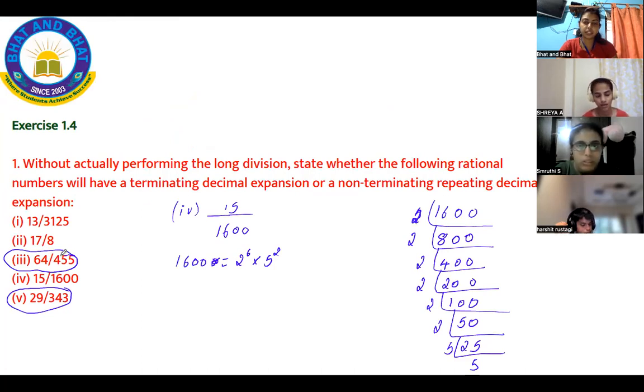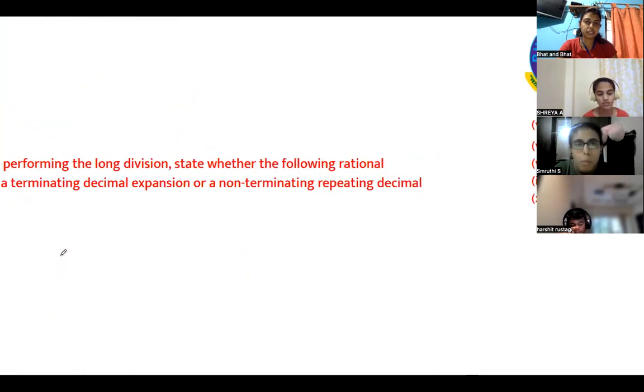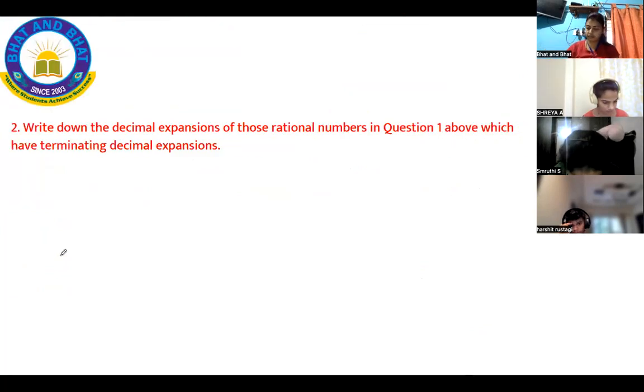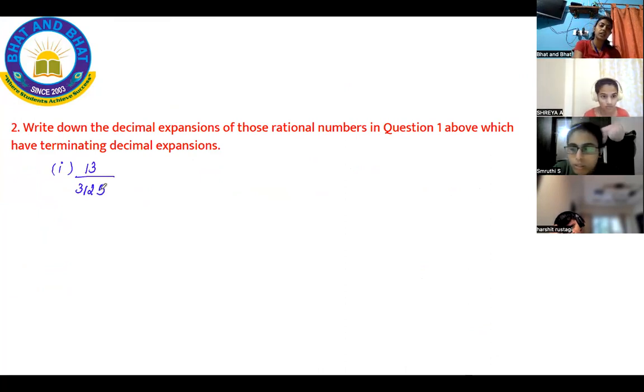All the others are terminating, correct? So let us take question 1, that is 13 by 3125. Question 1. 13 divided by 3125.